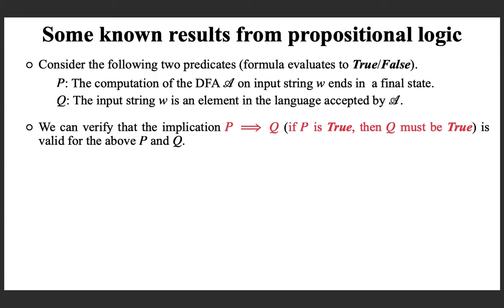And we can verify that the implication P implies Q, which means if P is true, then Q must be true, is a valid implication for the above predicates P and Q. That is, if the computation of the DFA A on the input string w ends in a final state, then w is in the language. So that is true.